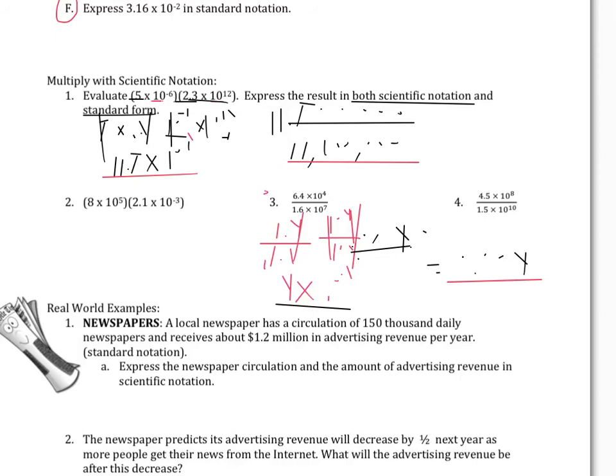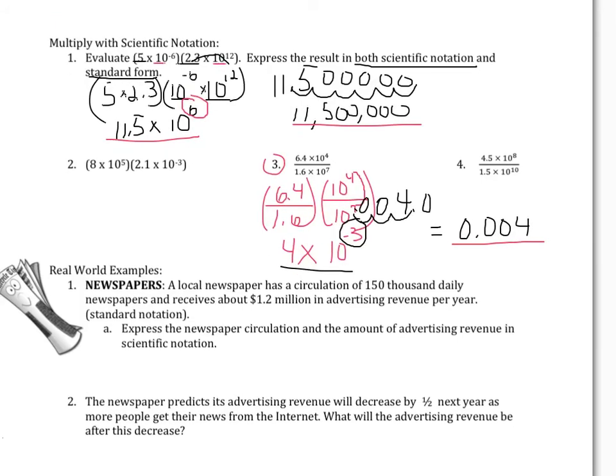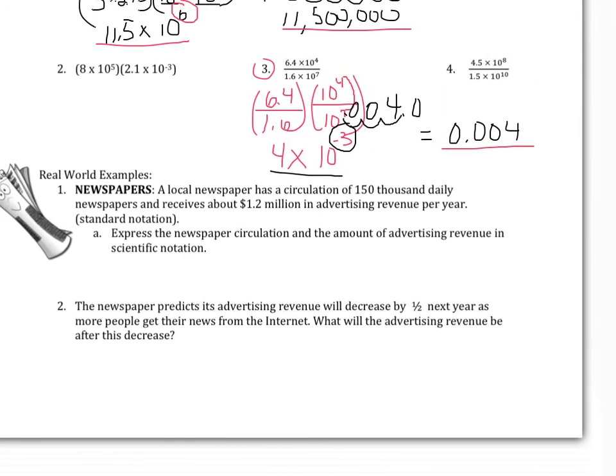Now let's scroll down and take a look at a real-world example. A local newspaper has a circulation of 150,000 daily newspapers and receives $1.2 million in advertising revenue per year. So they want us to express the newspaper circulation and the amount of advertising in scientific notation.